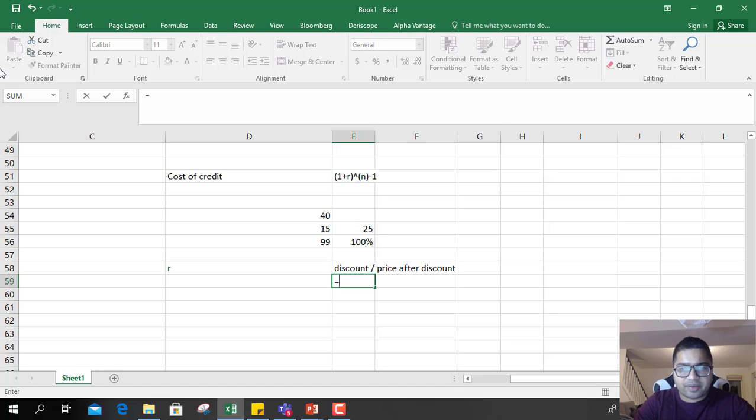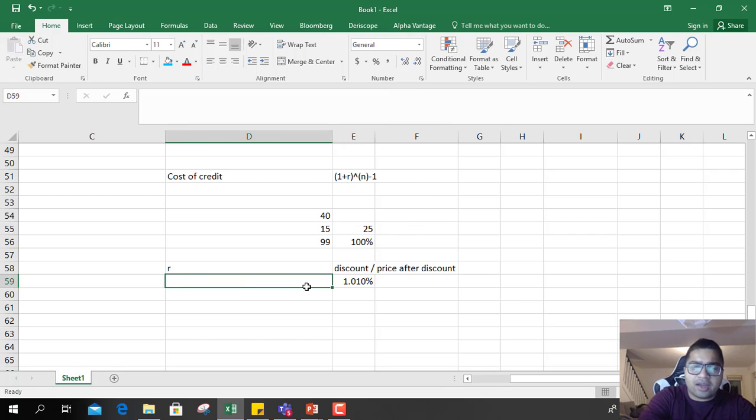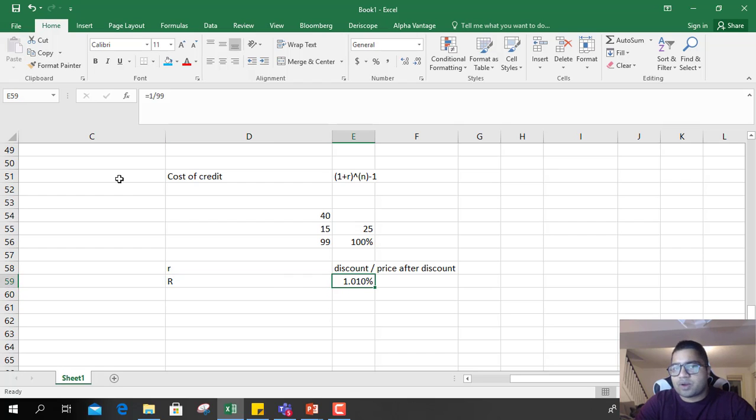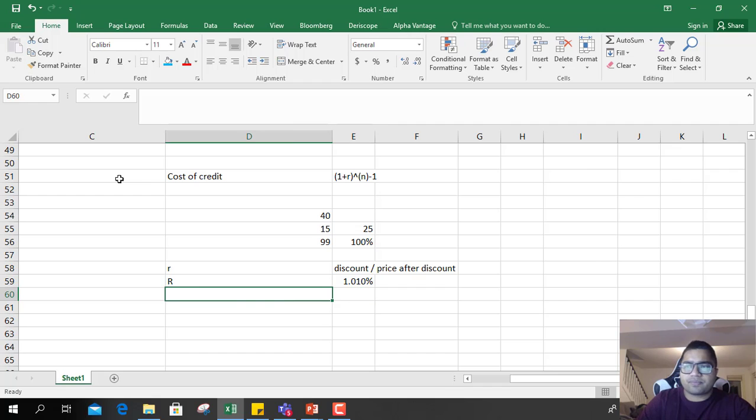So what is the discount given? $1. What is the price after discount? 99. So R is 1/99, about 0.0101. So R to use in the formula is 1.01%. Now we need n.